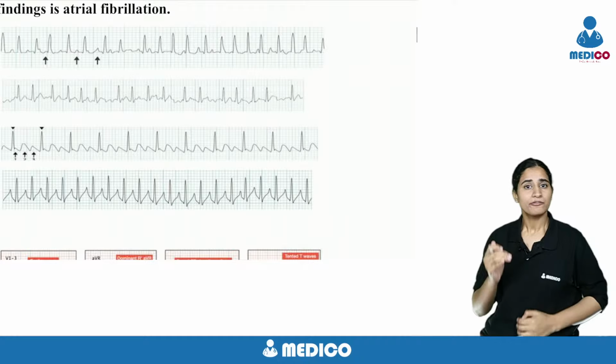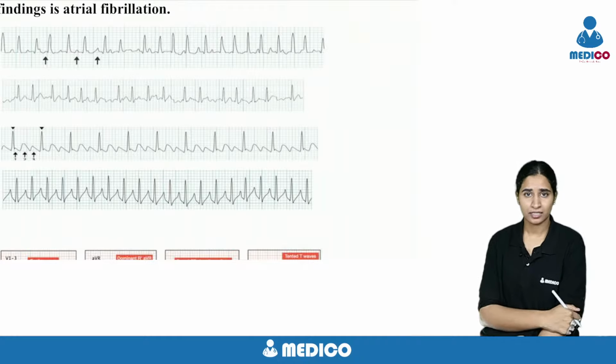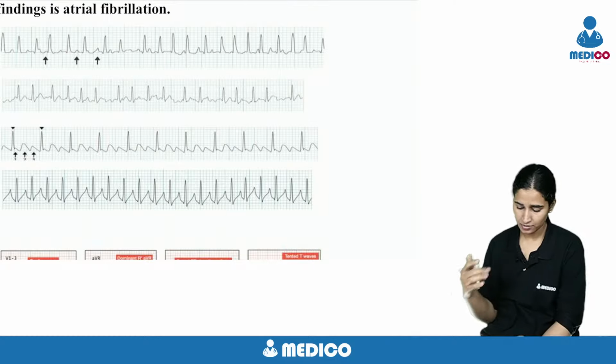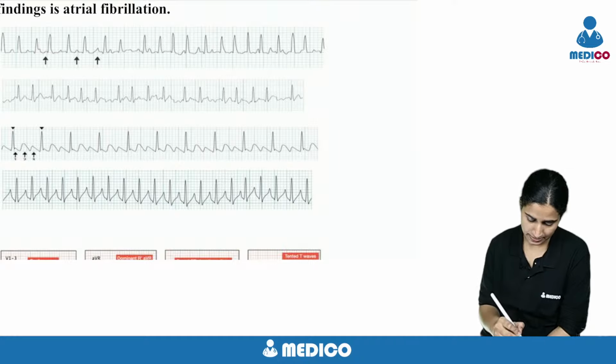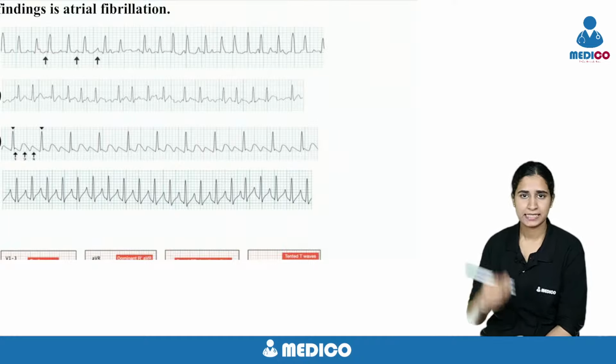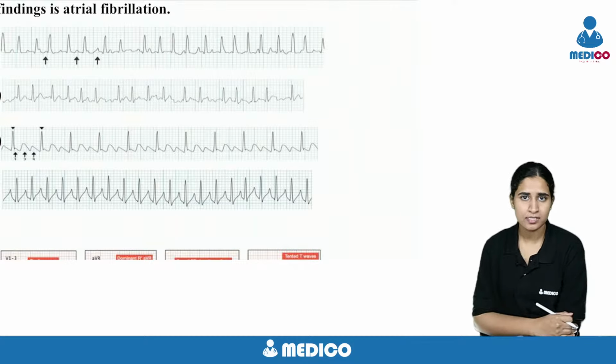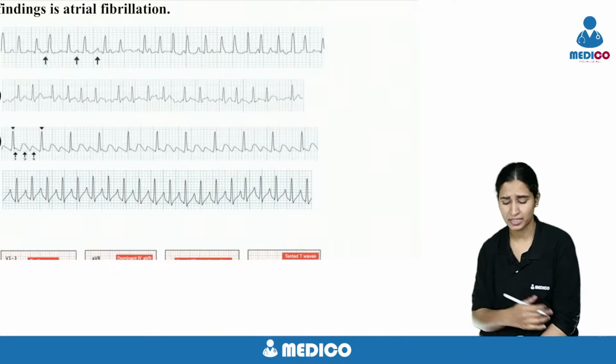If you look at the first ECG pattern, there are irregular narrow QRS complexes with no P wave. See the second one: irregular QRS complexes which are narrow with absent P waves, and here and there are fibrillatory waves.